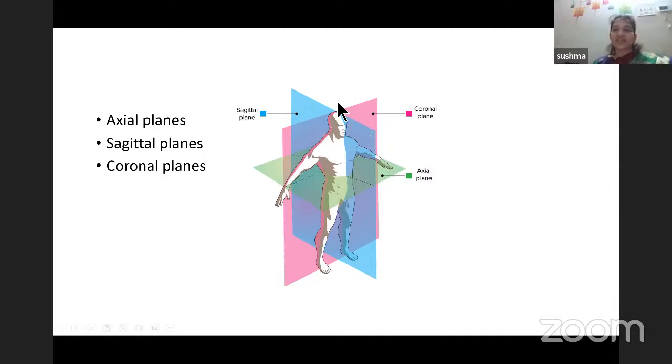The next section is the sagittal section, which divides the body into right and left halves. The other plane that we have is the coronal plane, which cuts the body from side to side. We'll be discussing more on axial planes because those are the commonest planes.